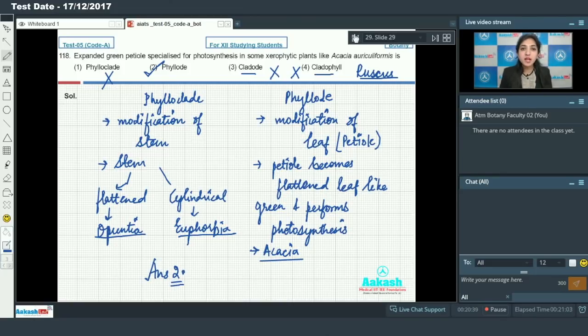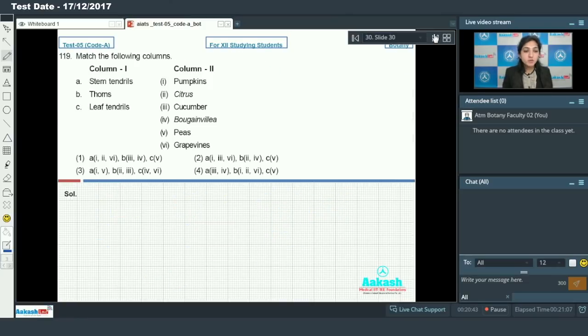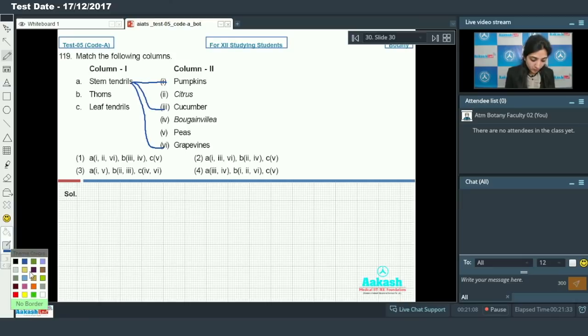Moving on to the next question, question number 119. Match the following columns. Here on the left hand side you are given some of the modifications of stems and leaves, and on the right hand side you have to identify the plants in which those modifications are found. Okay, stem tendrils are found in pumpkin, cucumber, and also in grapevines.